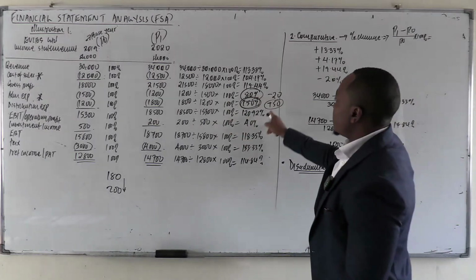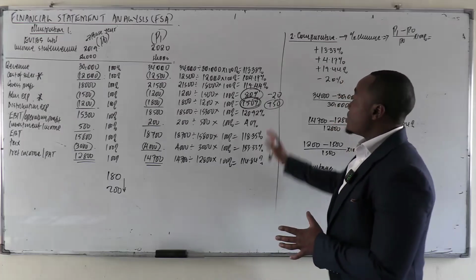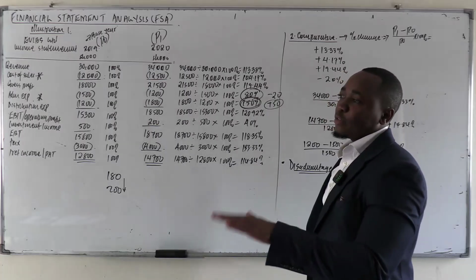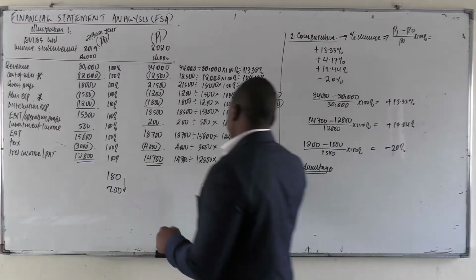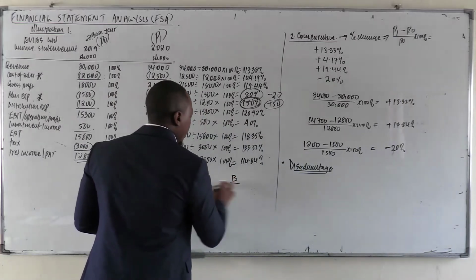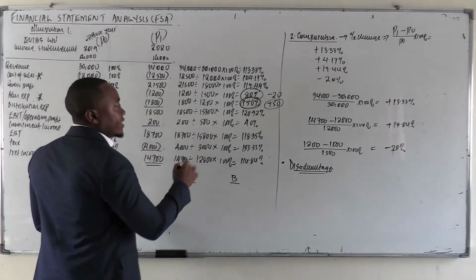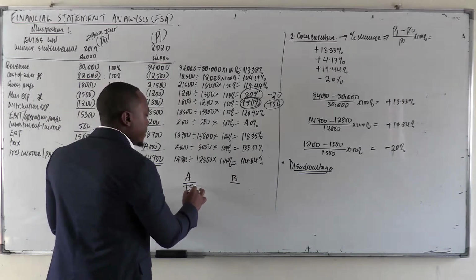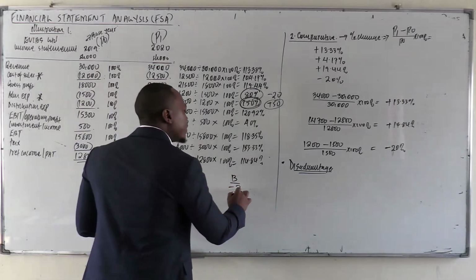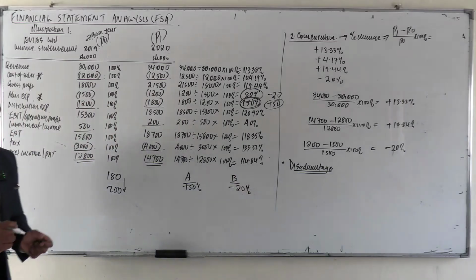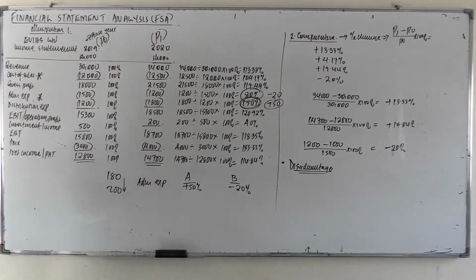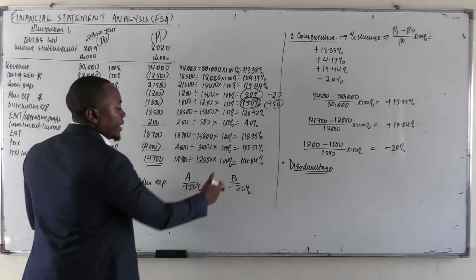So distribution expenses increased by 50 million, increased by 50%. But for the other company, maybe their distribution expenses reduced. Here we have two companies, company A and company B. For company A, the admin expense increased by 50%, but for B it reduced by 20%. So these are costs, admin expenses. You see, as an investor, when you focus on the financial statement, you assume that company B is doing better.